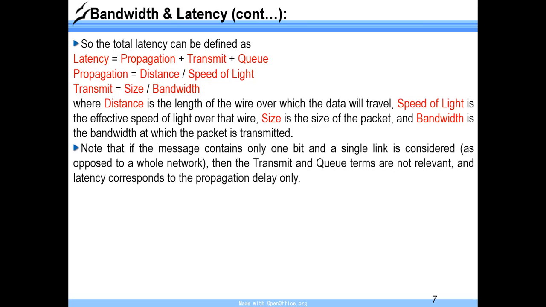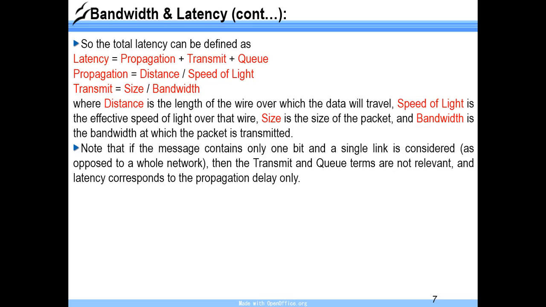The speed of light is the speed at which the data travels over that particular wire. Size is the packet size, and bandwidth is the bandwidth at which the packets are transmitted: the number of bits, a unit of data, or packets of data that can be accommodated in a particular amount of time.